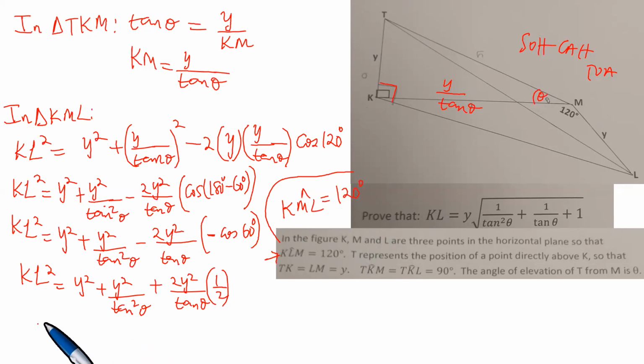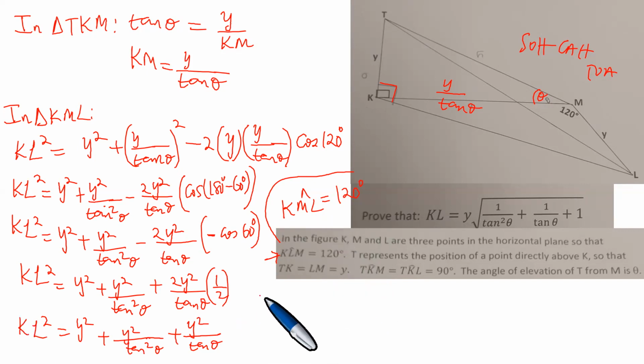From this, we're able to see that KL squared is the same as y squared plus y squared divided by the tangent squared of theta, plus y squared divided by the tangent of theta. Out of this, we continue there.